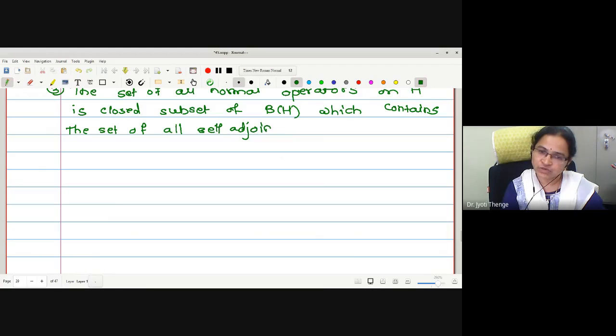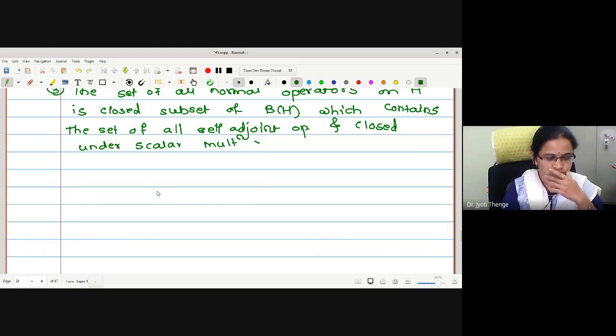Why does it contain the set of all self-adjoint operators? Because all self-adjoint operators are normal operators. Self-adjoint operators are closed under scalar multiplication.